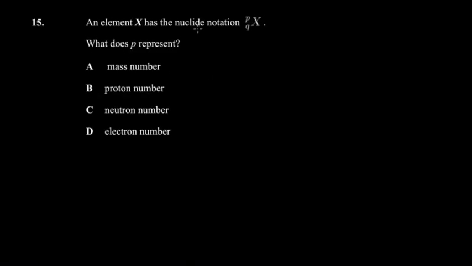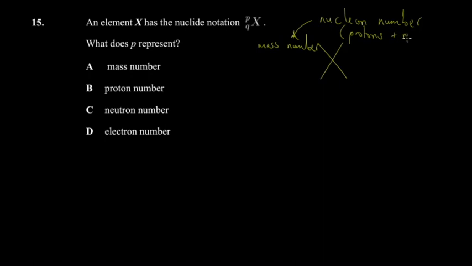It says an element X has a nuclide notation. So what does P mean? P is this part here. This one is called the mass number. That's one name, or you can also call it the nucleon number. Nucleon number means protons plus neutrons.